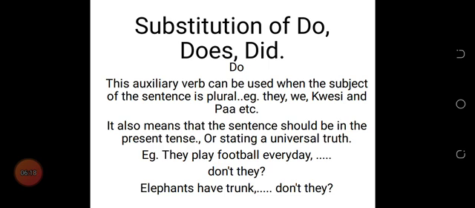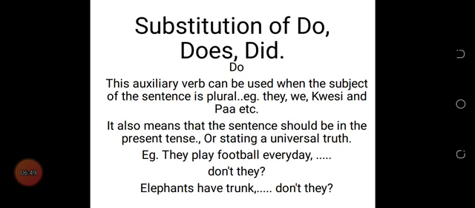So where the sentence is stating something in the present tense, or states a universal truth, we use do to ask the question. Don't forget where we have a plural subject. All right. So example, they play football every day. This is a habitual event. They play football every day.